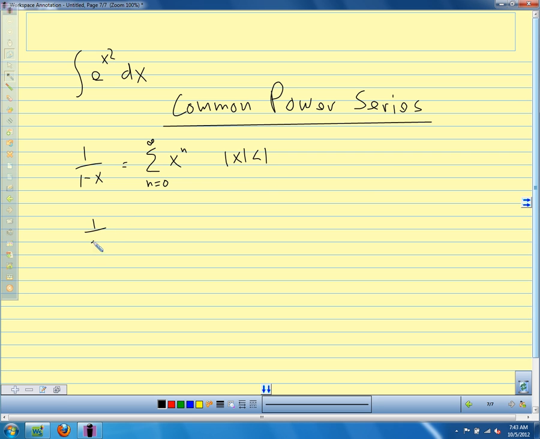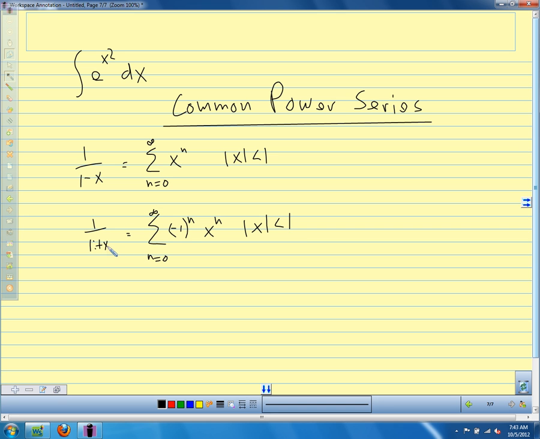We did 1 over 1 plus x. We worked with that one today. That's the sum from n equals 0 to infinity of minus 1 to the n x to the n, and this is for absolute value of x less than 1.